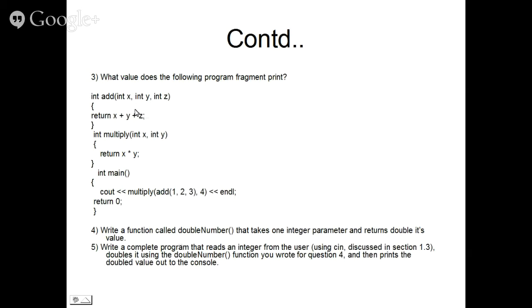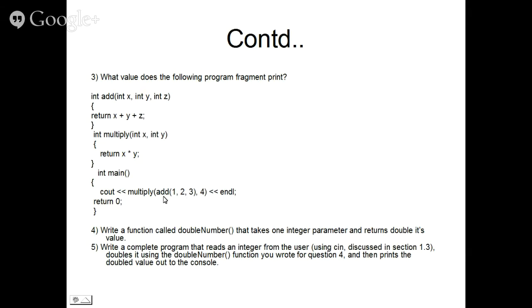We have another set of problems here. Int add returns x plus y plus z. In multiply we are saying return x y, and in main we are saying cout multiply add 1, 2, 3, 4. Add will be called first because it goes from inner to outer.